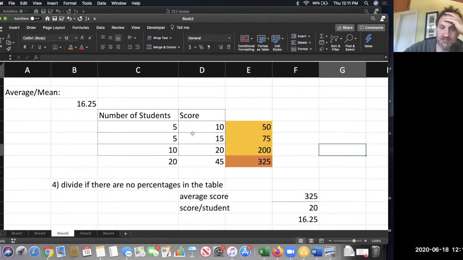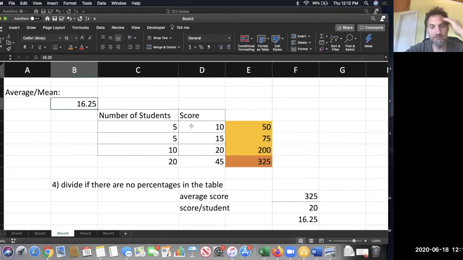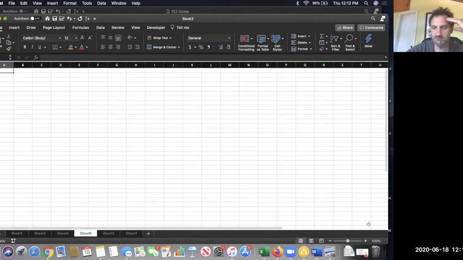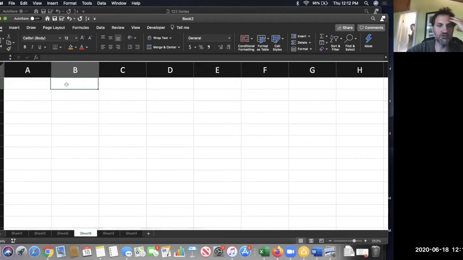Now, you might think to yourself, well, this is really a lot of overkill for doing something that I could do by hand. But there are lots of situations where actually there's no easy way to just add up all the numbers and divide. So let me give you an example of that. So I'm going to give you 2 academic examples.